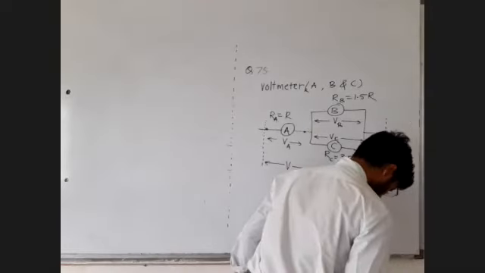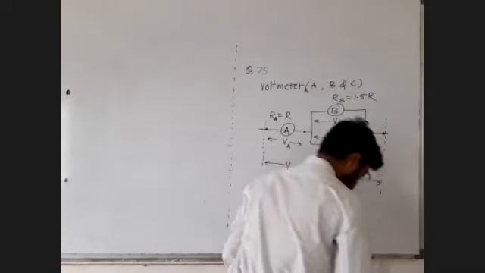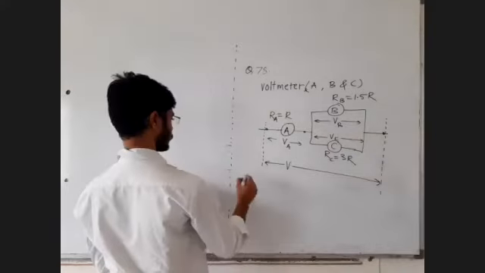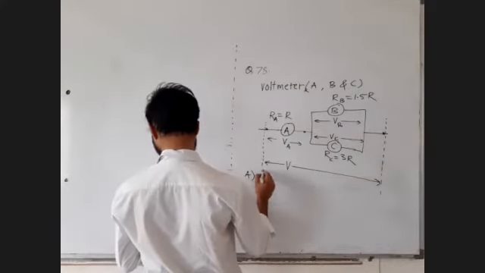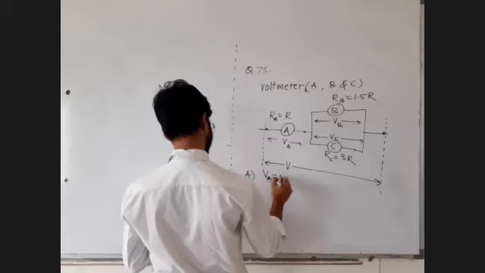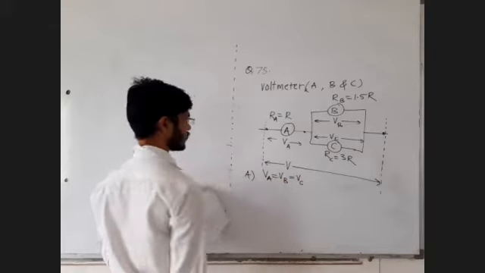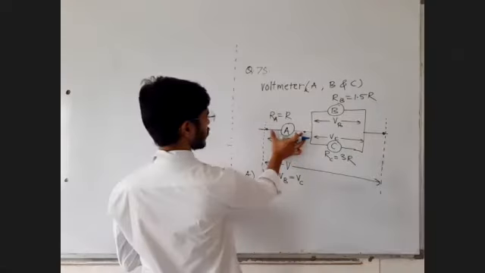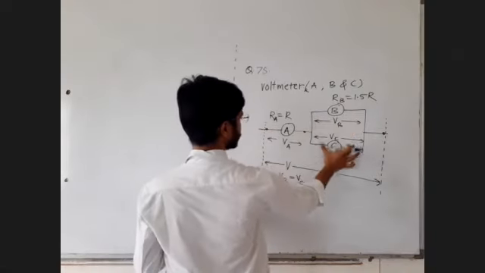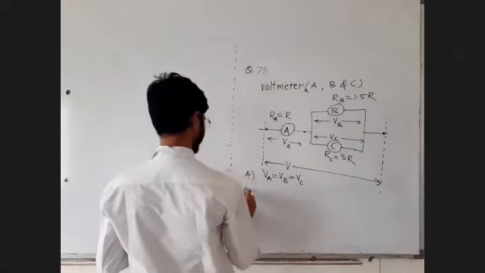The options are like this. Option A: reading of voltmeter A is equal to reading of voltmeter B is equal to reading of voltmeter C. It means voltage across this equals voltage across this equals voltage across this.